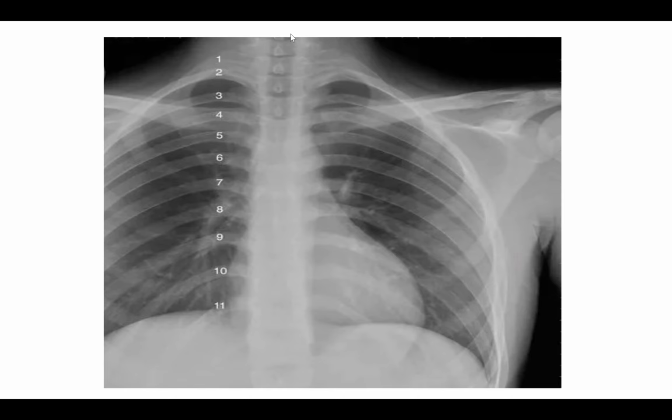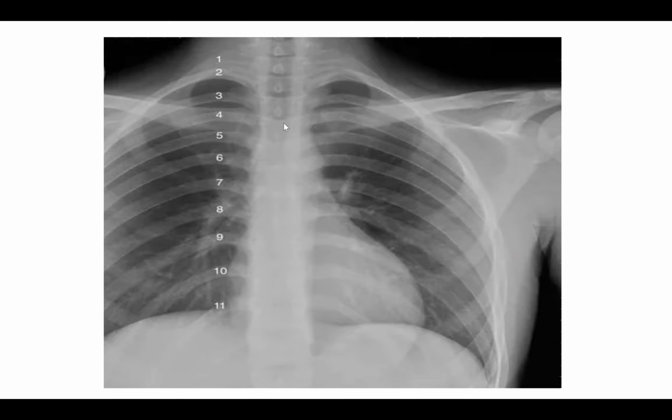Then you can see these vertebral bodies, see the alignment of these vertebral bodies, see if the spinous processes are equidistant, or you can say they're aligned. See the difference between the clavicular heads from the spinous process of the vertebrae if it is equidistant, so you can rule out scoliosis as well.